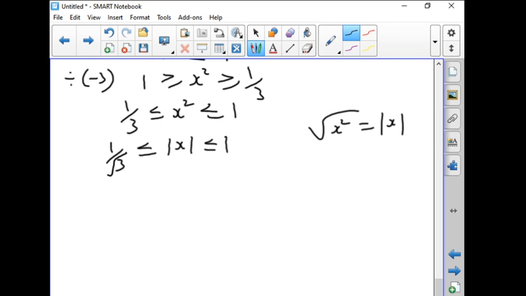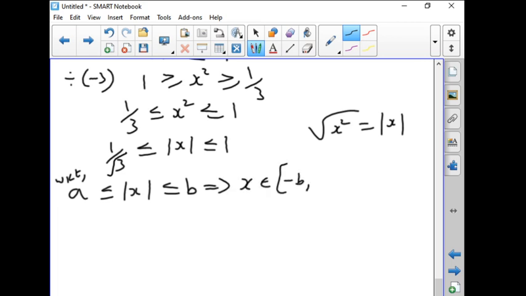We have studied this in our lower class: a is less than or equal to modulus of x less than or equal to b implies x belongs to minus b comma minus a union a comma b.